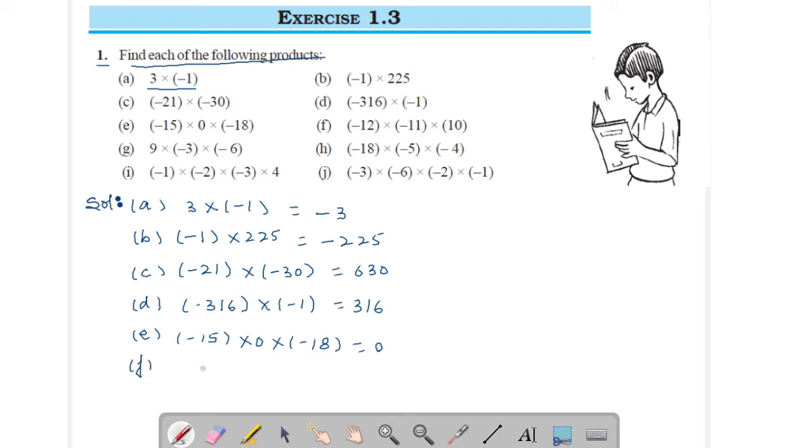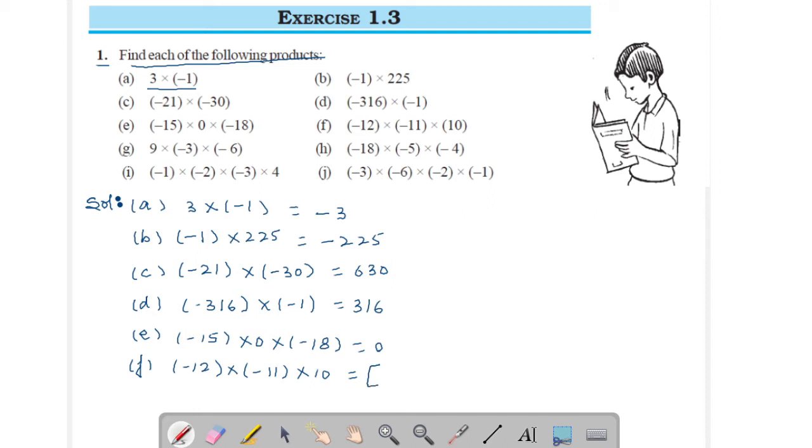It is minus 12 into minus 11 into 10. Here, multiply these two integers together.